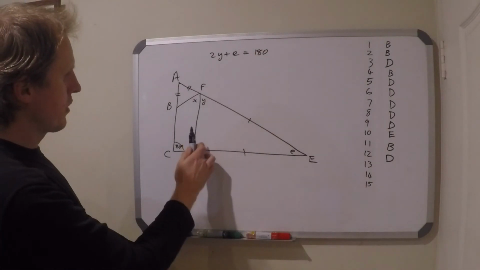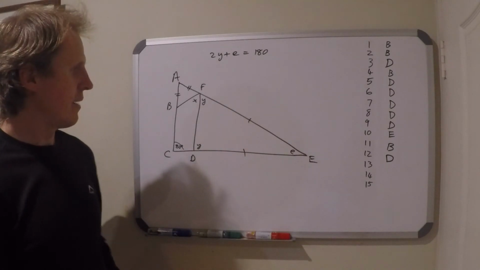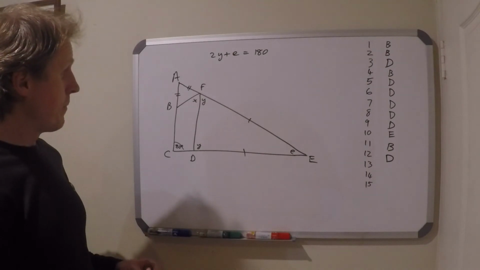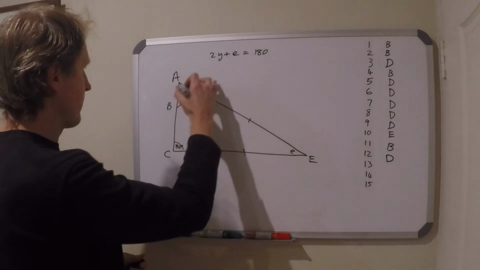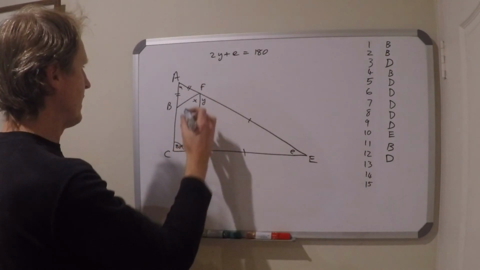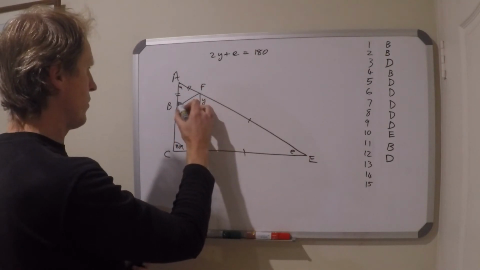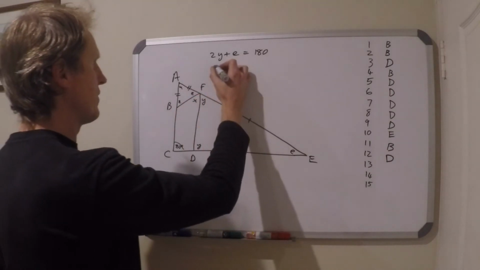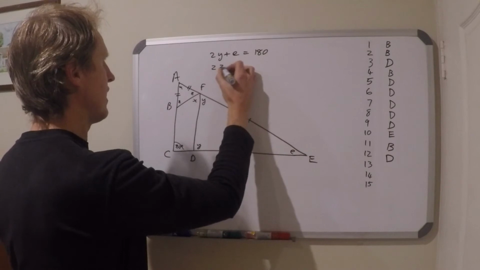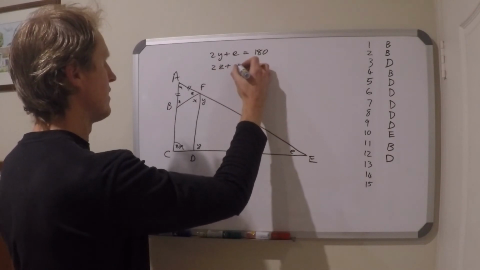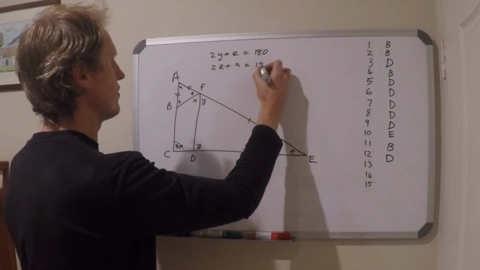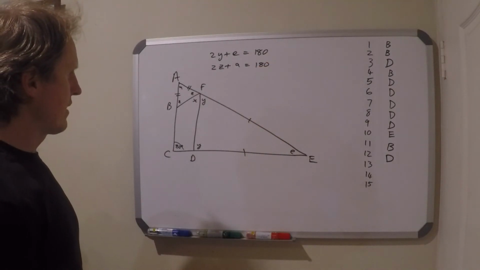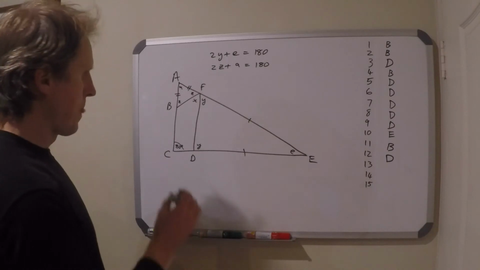We know that these are both equal angles because it's an isosceles triangle. We can do a similar thing for here. I'm going to call that angle A, and that one Z. So we've got 2Z plus A equals 180. And let's see if we can get some other equations.